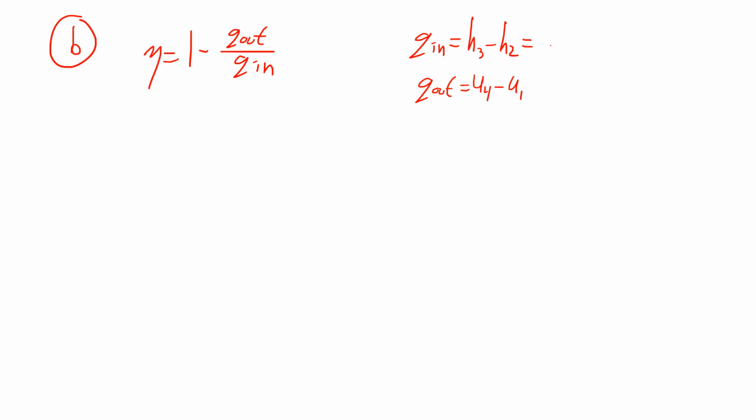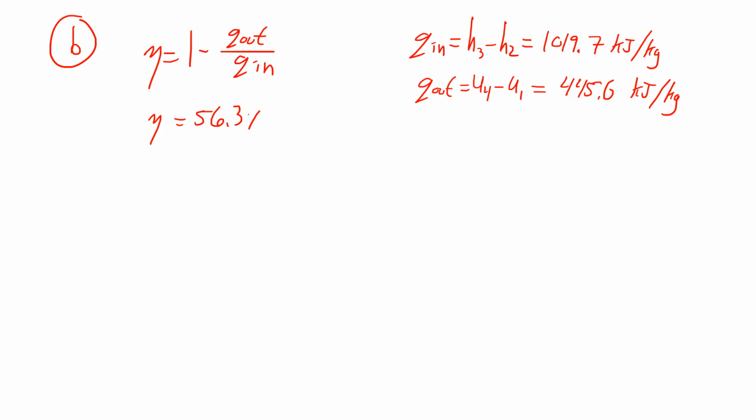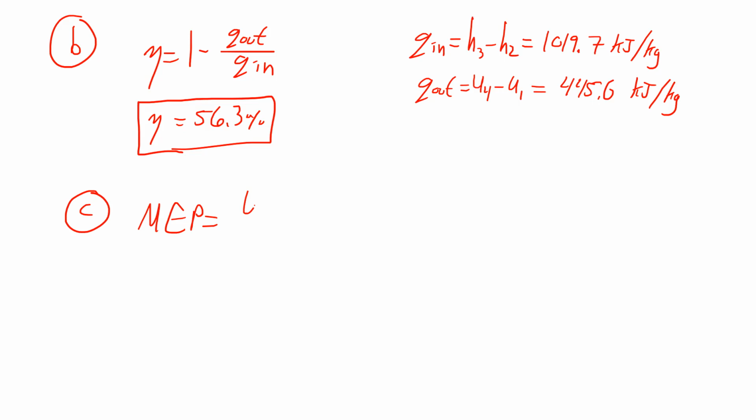You plug in your delta h that we got from earlier, you get 1,109.7 kilojoules per kilogram. If you plug in your delta u, you get 445.6 kilojoules per kilogram. And if you plug those into the efficiency, you'll get an efficiency of 56.3%.